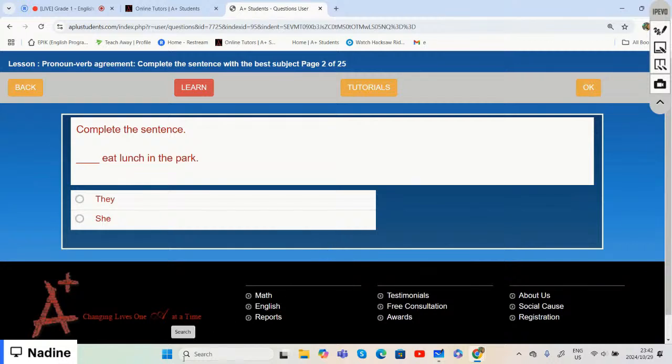The next one says, eat lunch in the park. Do we say they eat lunch in the park, or do we say she eats lunch in the park? Which one is correct?